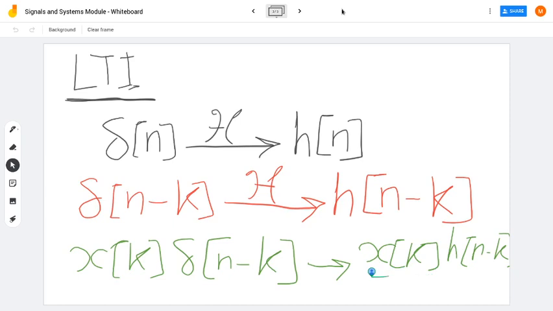And then the linearity will also allow us to sum these components together, and the output will also be summed together, because in linearity we have the superposition property, which allows us to add the corresponding outputs for certain inputs. So now the summation of x of k times delta of n minus k is actually the input x of n.